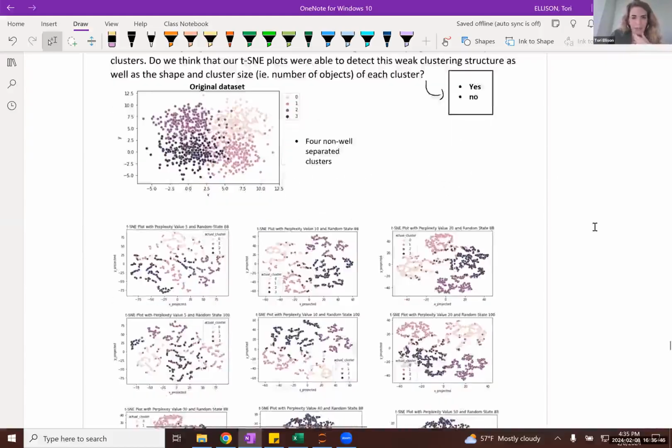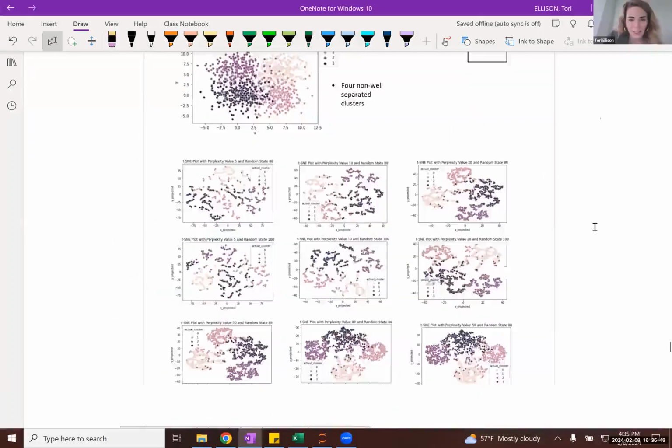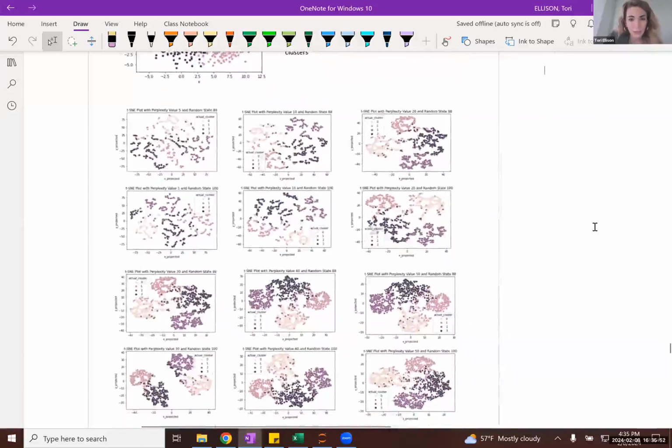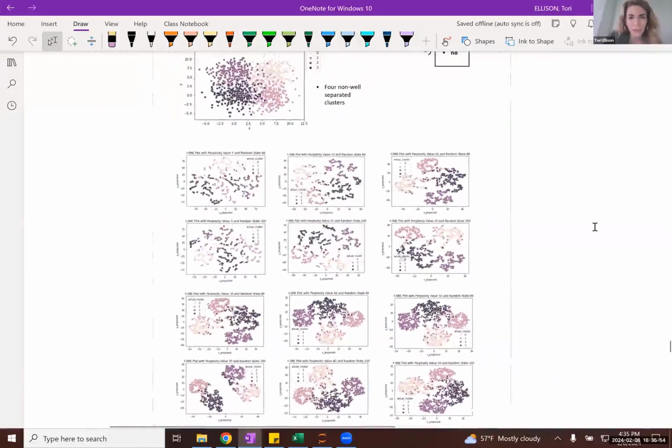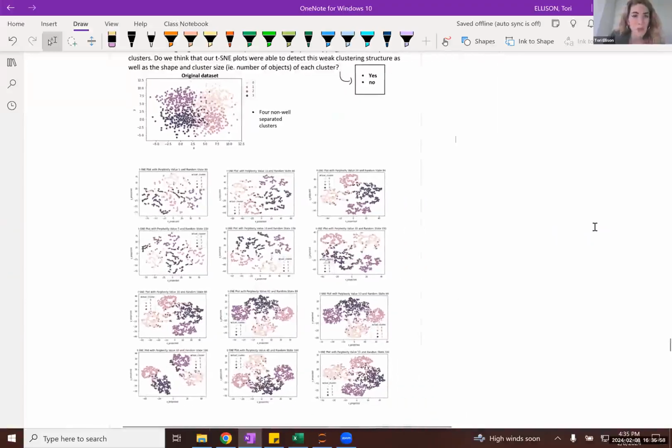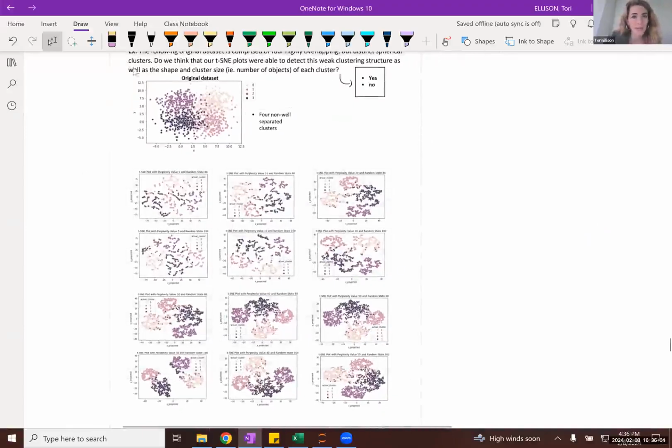And let's take a look at what my 12 corresponding TSNE plots show. Okay, and then the question is, it's kind of hard to see, do we think that our TSNE plots were able to detect this weak clustering structure, as well as the shape and the size of each cluster?